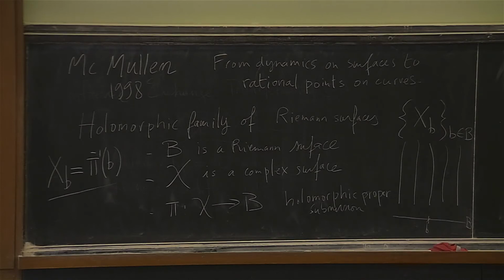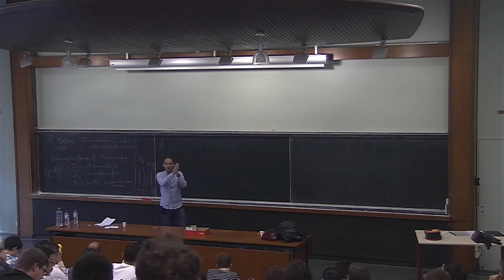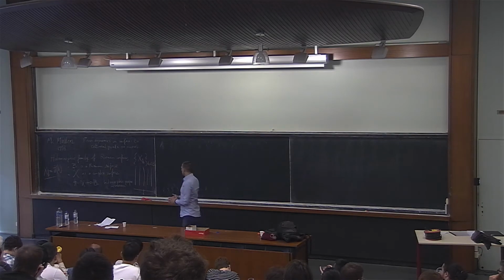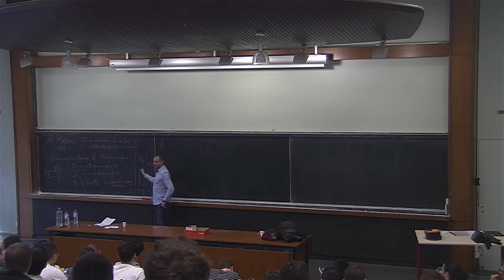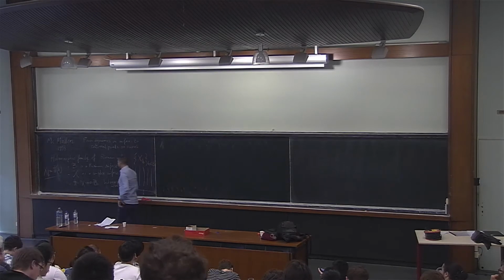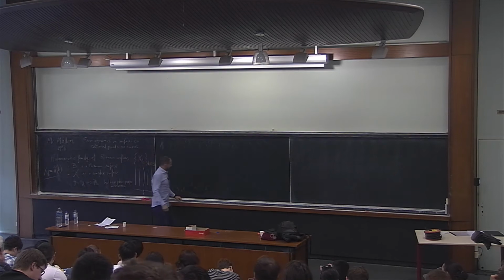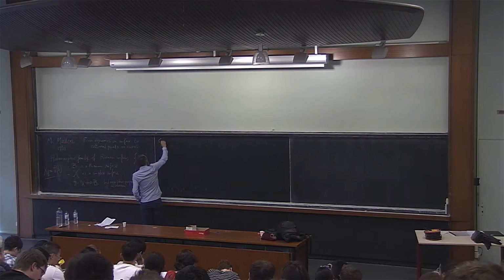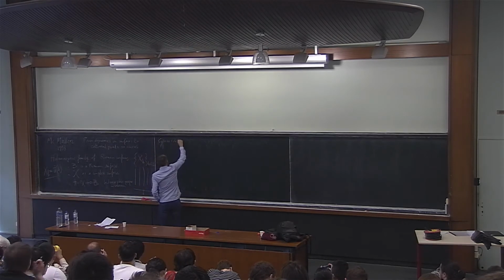Namely, holomorphic means that you can build such a complex surface, together with this submersion, in such a way that the Riemann surfaces in your family are the fibers of this holomorphic submersion. This is really the point of view of Kodaira's deformation theory.